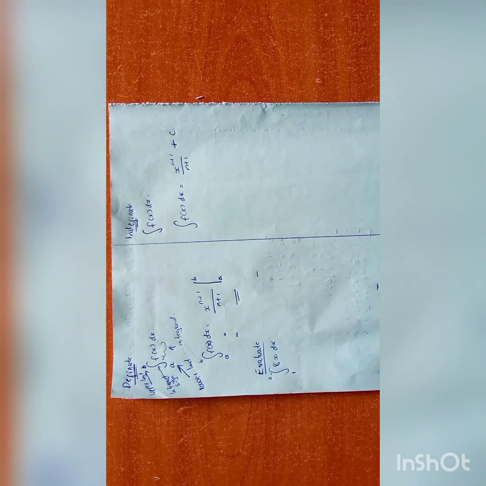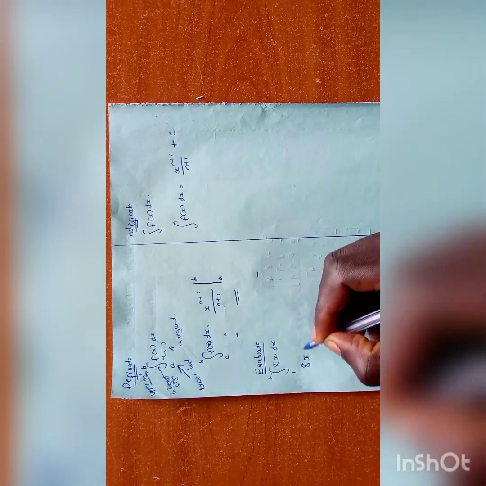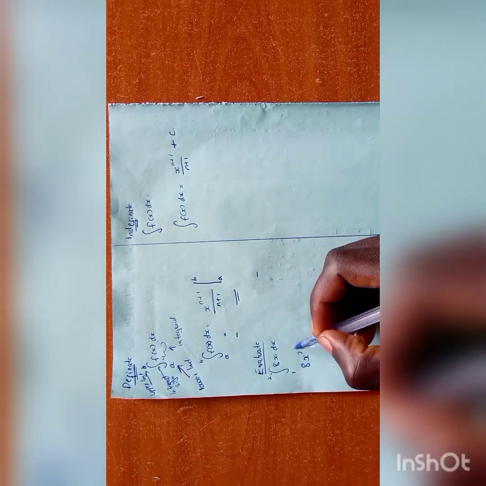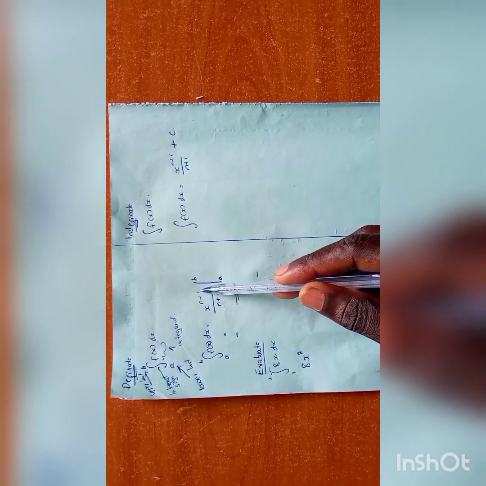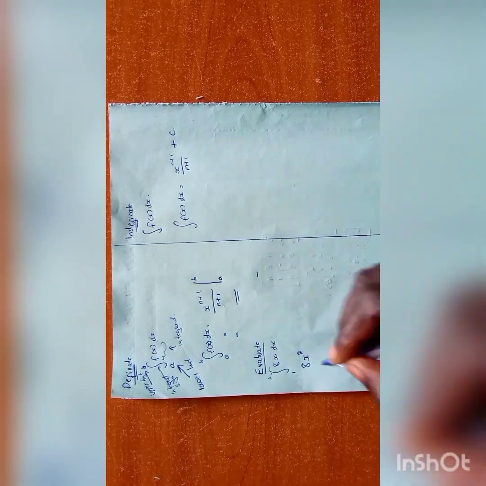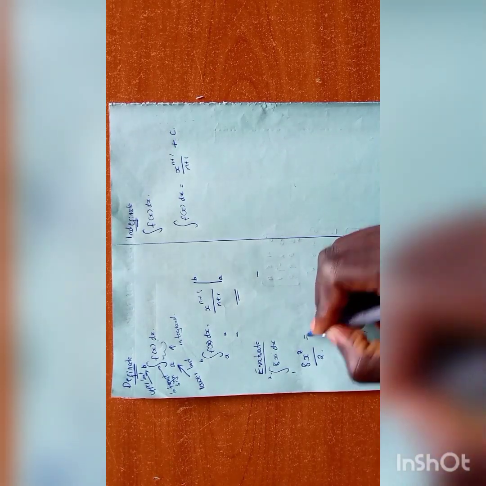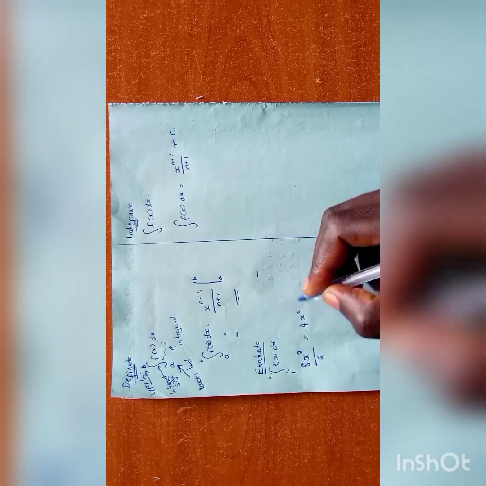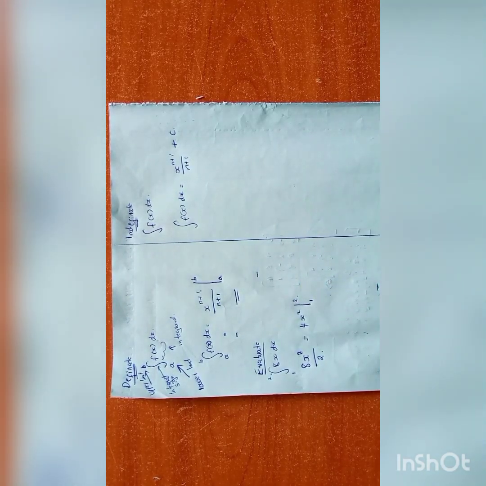So when you integrate it, you'll have 8 of x power 2. N is 1 here, but you add 1 to the power, so it becomes 2. And then you divide by the new power, which is 2. You'll have 4x squared, but the limits must be included, 1 to 2.